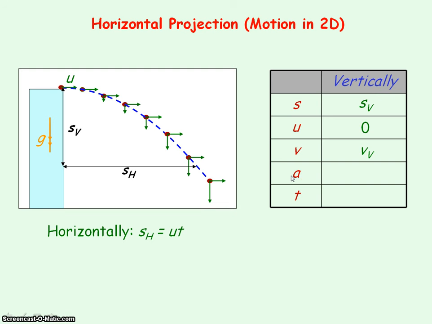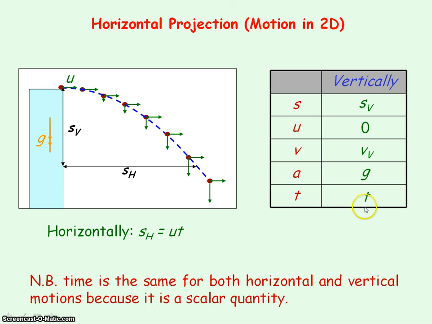The vertical acceleration will be due to gravity, so will equal g. And the time will be t. And it's the same time t that can be used horizontally and vertically because time is a scalar quantity, so it does not depend on direction. So in the same time t, the projectile has moved vertically as well as horizontally.